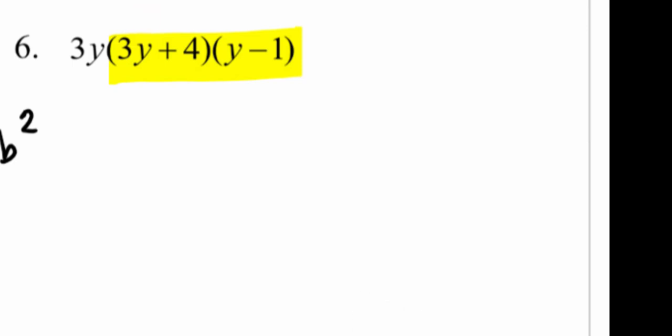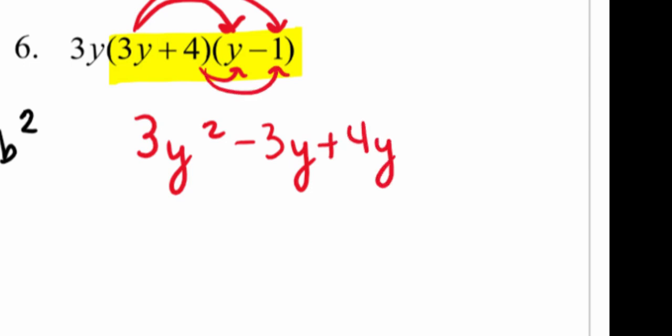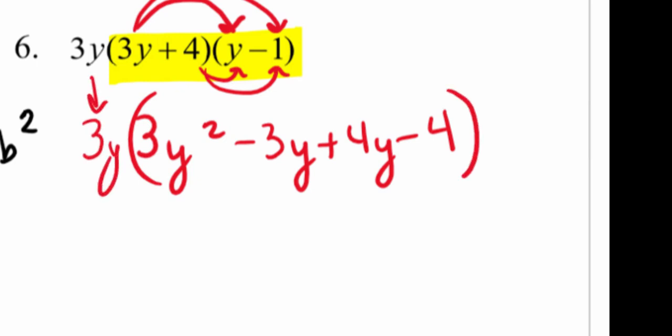So we'll do the first here, which is 3y squared, the outer, which is a negative 3y, the inside, which is a positive 4y, and then the last, which is a negative 4. Okay, and I'm bringing down the 3y that I haven't used yet. But then I'm going to go ahead and combine these middle terms first before I take care of that outer 3y.